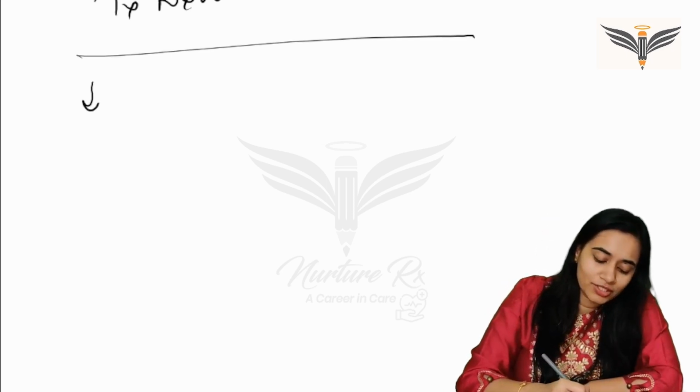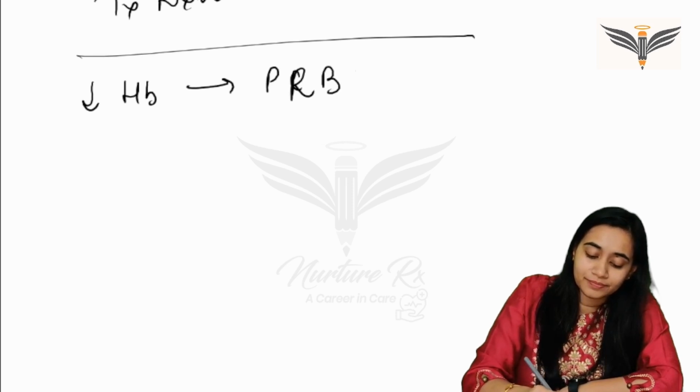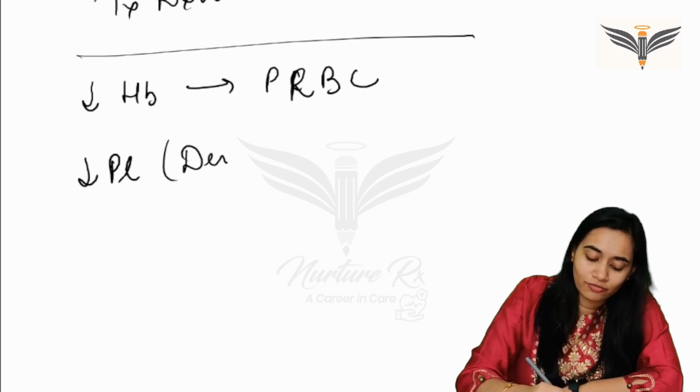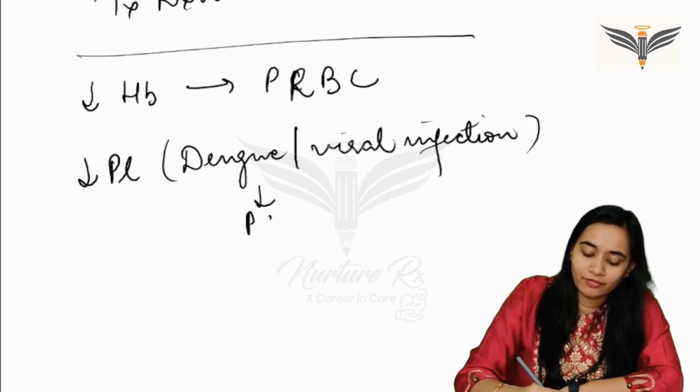So if the patient's hemoglobin is decreased, only PRBC is required. If platelets are decreased, like in cases of dengue or other viral infections, only platelets can be given.